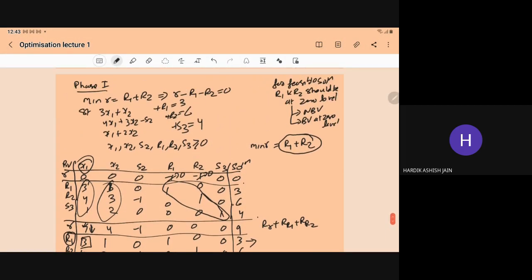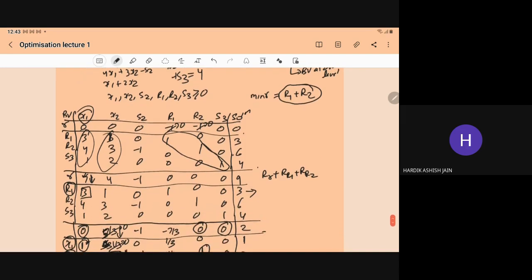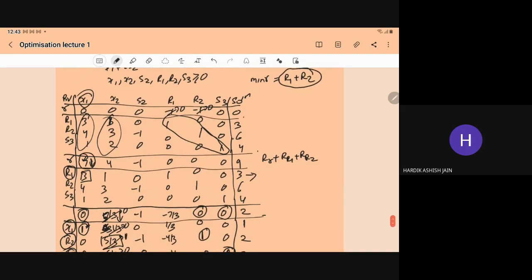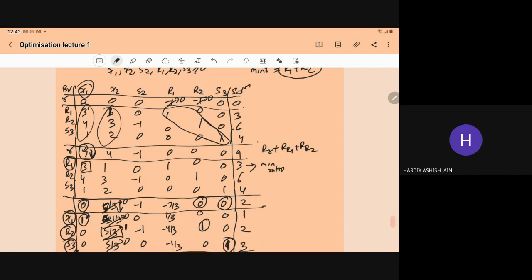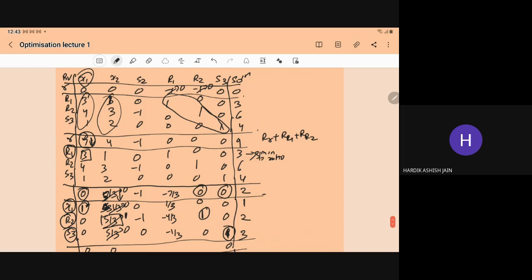Here the objective function is minimization, so the most positive will be entering, and the minimum ratio is the leaving. 3 upon 3, 6 upon 4, 4 upon 1. So that is 1, that is 1.5, that is 4. So minimum.